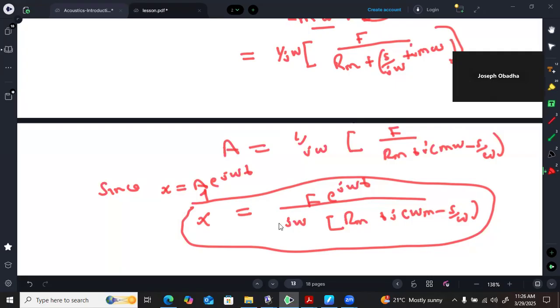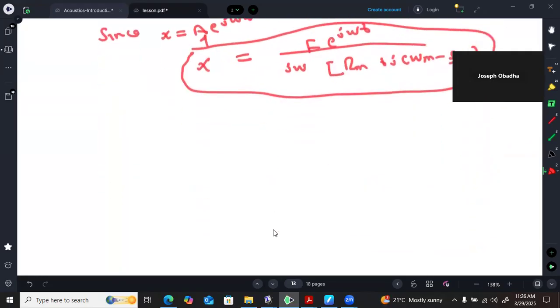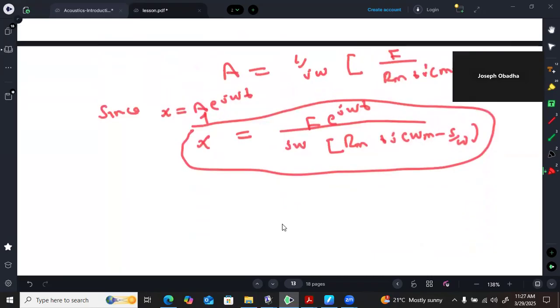So if we look at the numerator, this part, it resembles what we know. It's really about the resistances.